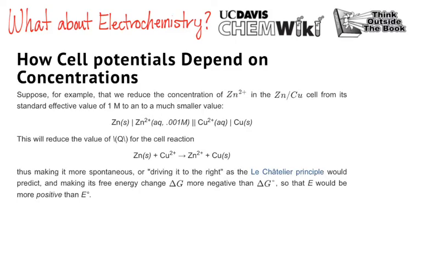Okay, so transitioning now to thinking about ionic strength tied to electrochemistry, tied to fundamental changes in the Gibbs free energy of the system. If I go to UC Davis's ChemWiki, they have, again, a great set of reading on electrochemistry. This particular part of their electrochemistry notebooks is about how electrochemical cell potentials depend on concentrations.